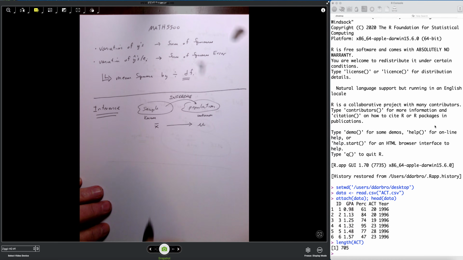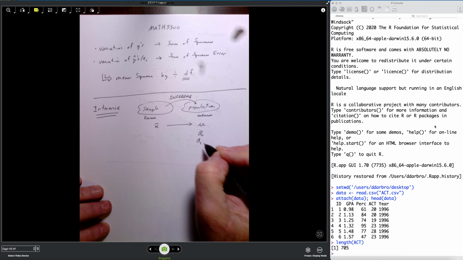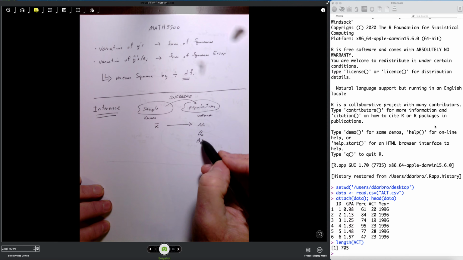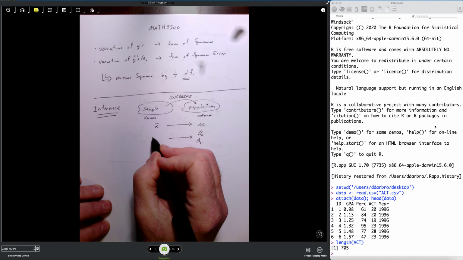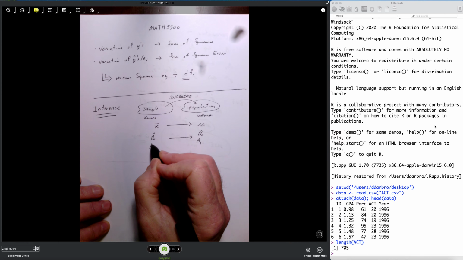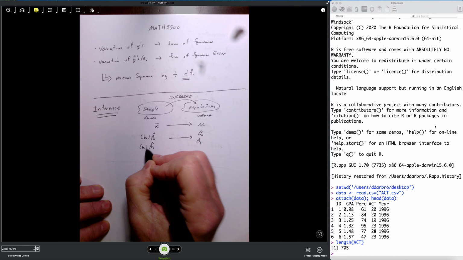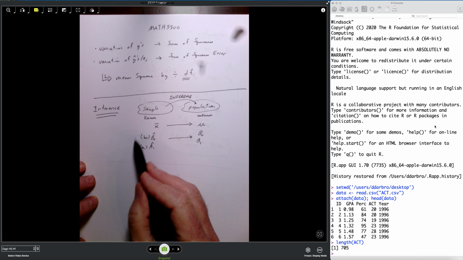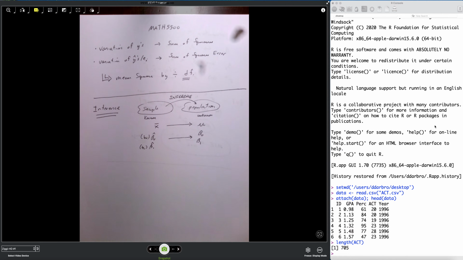In the regression world, it turns out that beta 0 and beta 1 for our population model are generally unknown, and we use beta hat 0 and beta hat 1, sometimes we just call these b0 and b1, as the values that we use to estimate the unknown beta 0 and beta 1 for the parameter model.